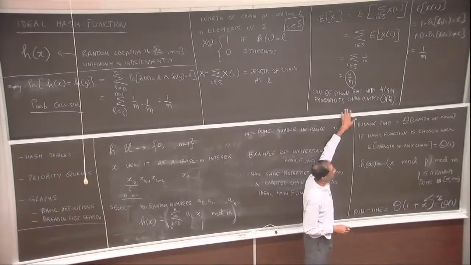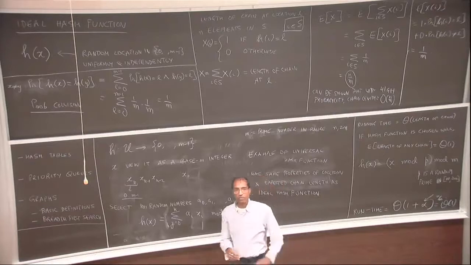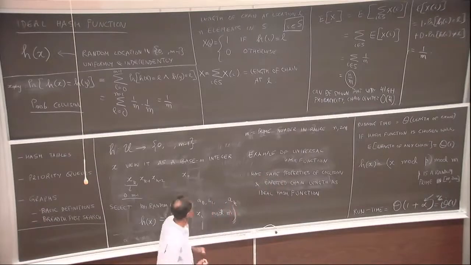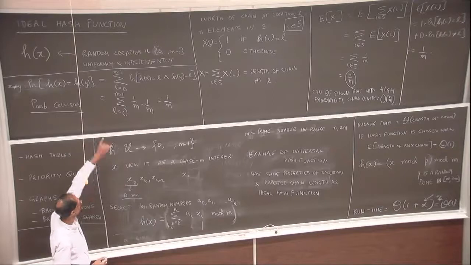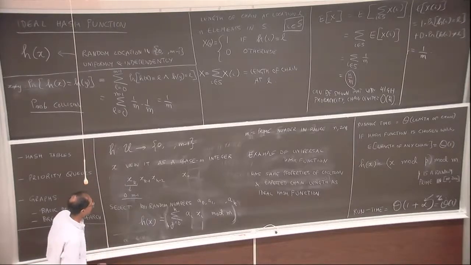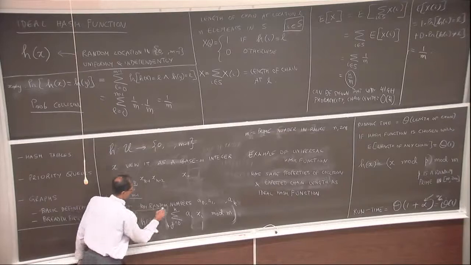Of course it can't match it completely because that one is truly random, while here this randomness is shared. The amount of randomness here is much less than there. And notice that calculating this is very efficient.